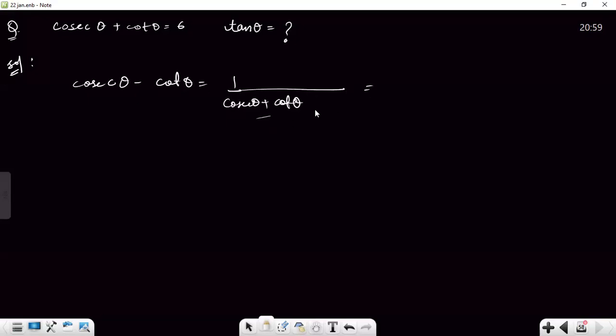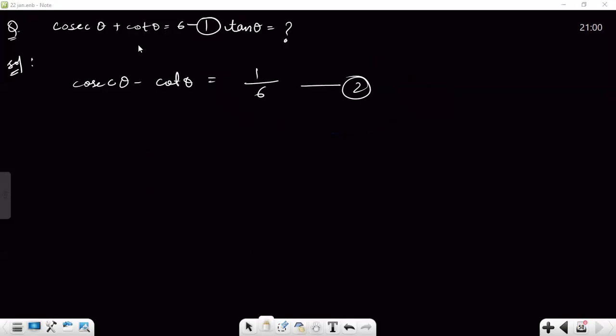So here it is given as 1 by 6. So what we can say is that cosec theta minus cot theta is 1 by cosec theta plus cot theta, which is 6. So using the second and the first equation, we can find out the value of cosec theta and cot theta.